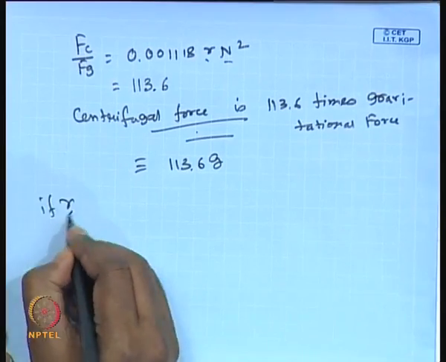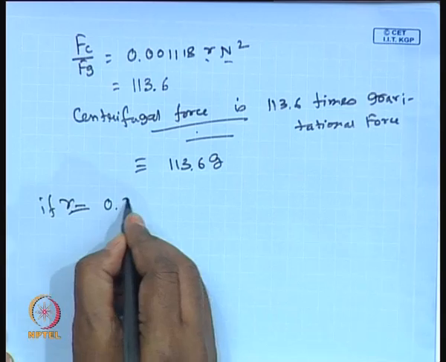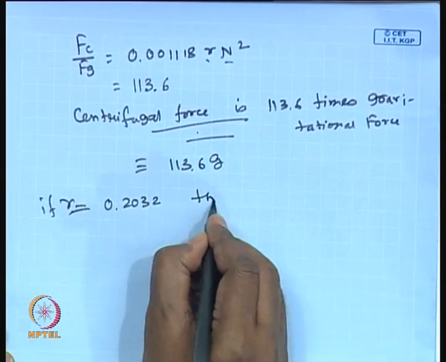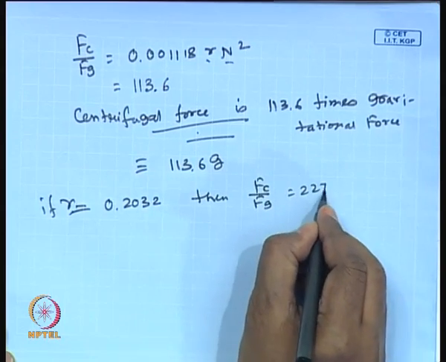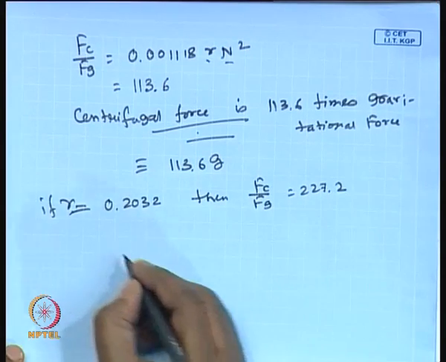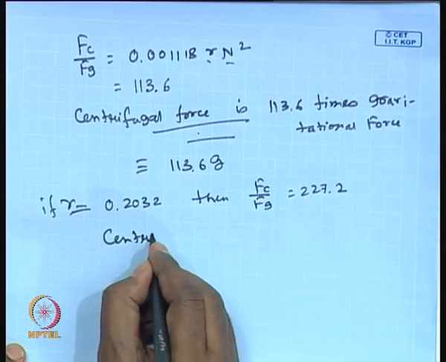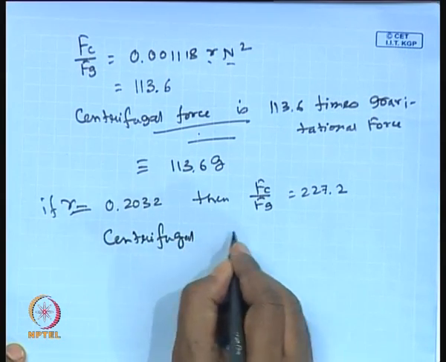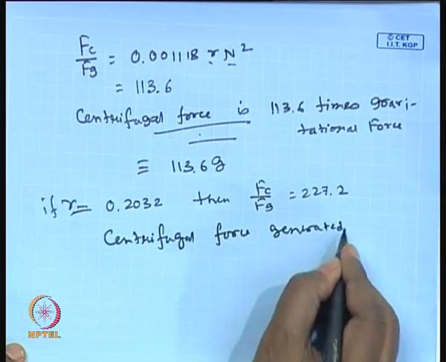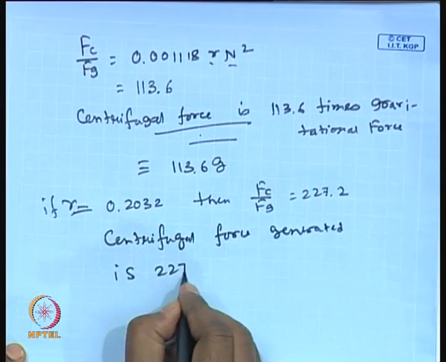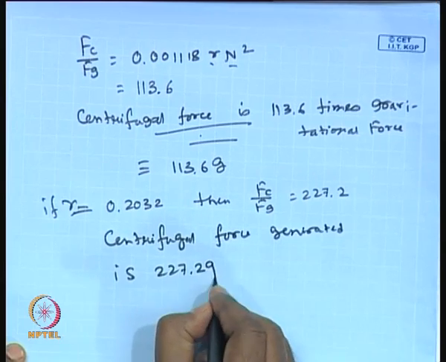Okay. So, if your r becomes 0.2032, then Fc by Fg will be 227.2, and we will call that centrifugal force generated 227.2 g.